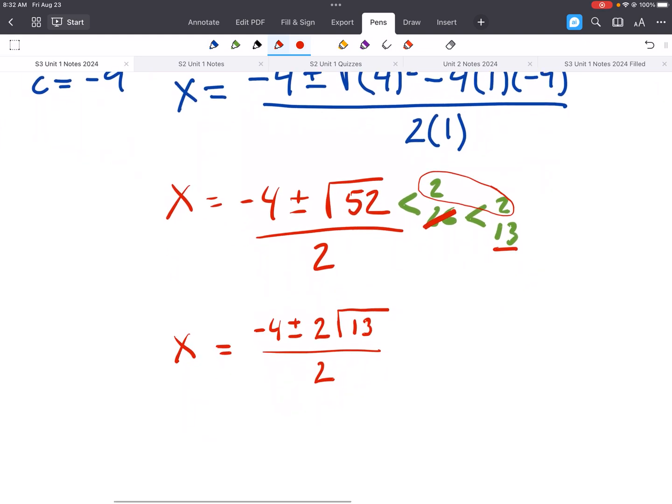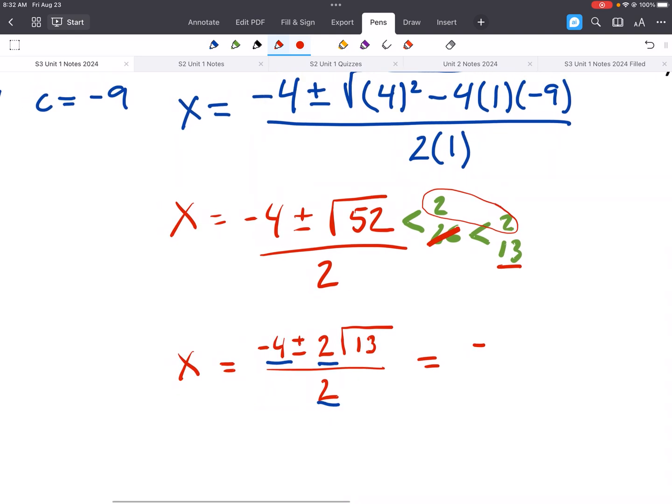All right, and now we want to see if we can simplify the fraction. You see we have this crazy fraction, okay? We want to see if we can divide all 3 of these numbers, okay? So we can divide them all by 2. So we should end up getting -2 plus or minus 1 square root of 13.